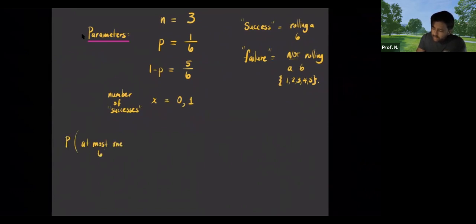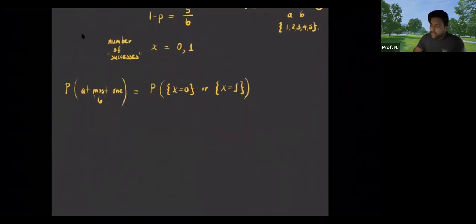1/6 is equal to the probability that x equals 0 or the probability that x equals 1. Of course, these are mutually exclusive events. If I have 0 6s, I can't have 1 6 as well.